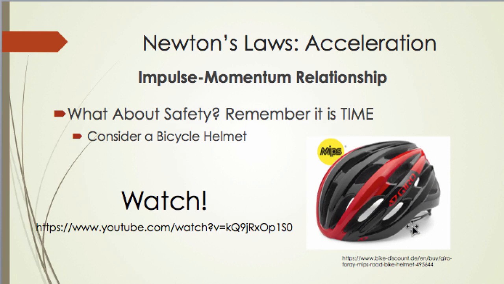However, with this, even though it's only like 2 or 3 milliseconds of time, the bicycle helmet transfers much of that energy to itself and decreases or delays the impulse to the brain through its internal mechanisms and technology.